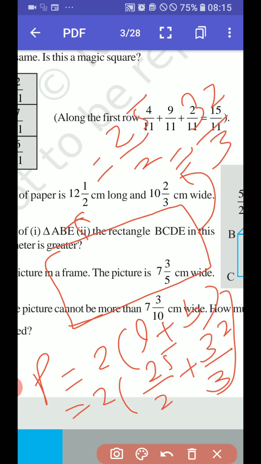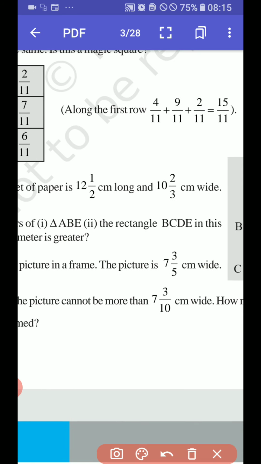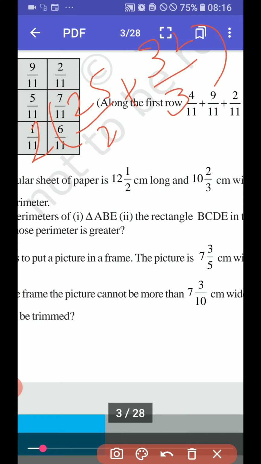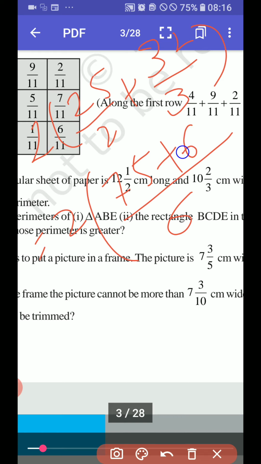Twice of 25 by 2 plus 32 by 3. I will take the LCM of 2 and 3, which is 6. 2 times 3 is 6 and 3 times 2 is 6. 25 times 3 is 75, plus 32 times 2 is 64.